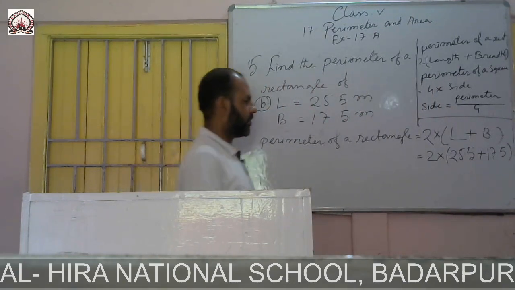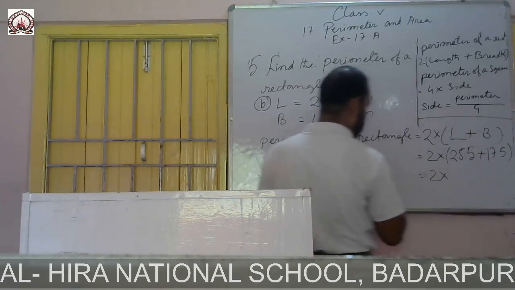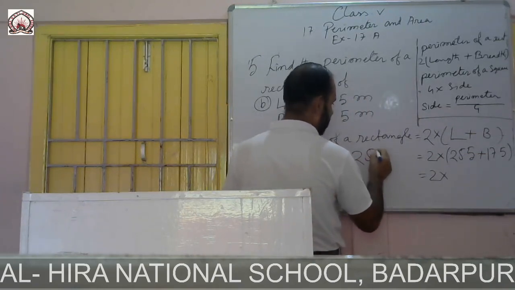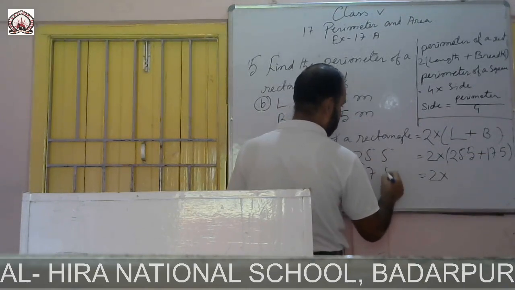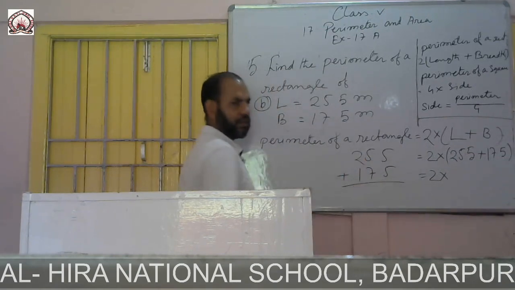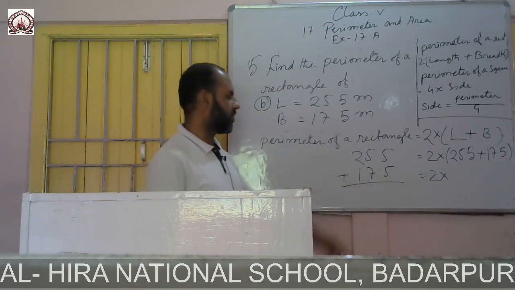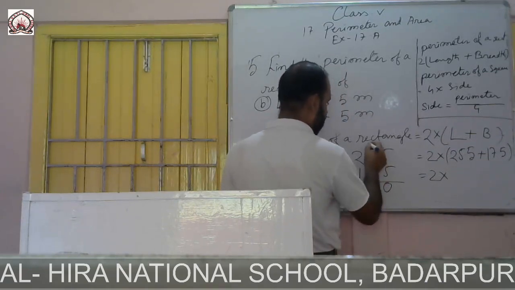Now 2 into 25.5 plus 17.5. So 5 plus 5 is equal to 10. 10's 0, 1 in my hand, point is there.